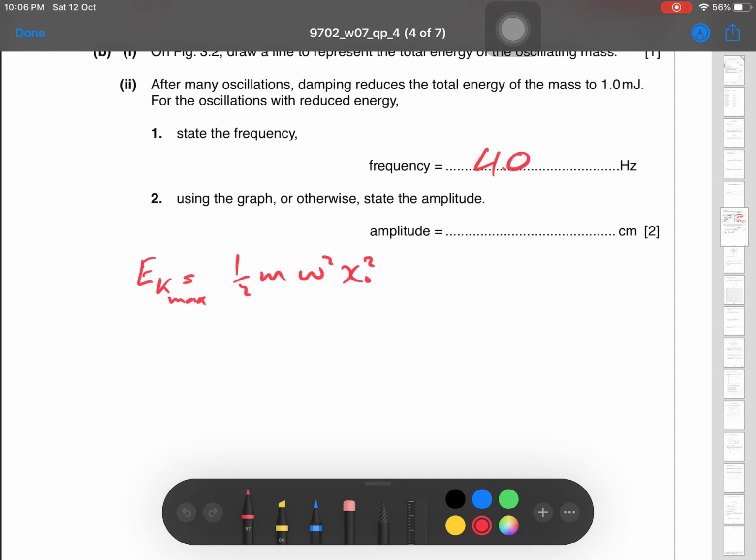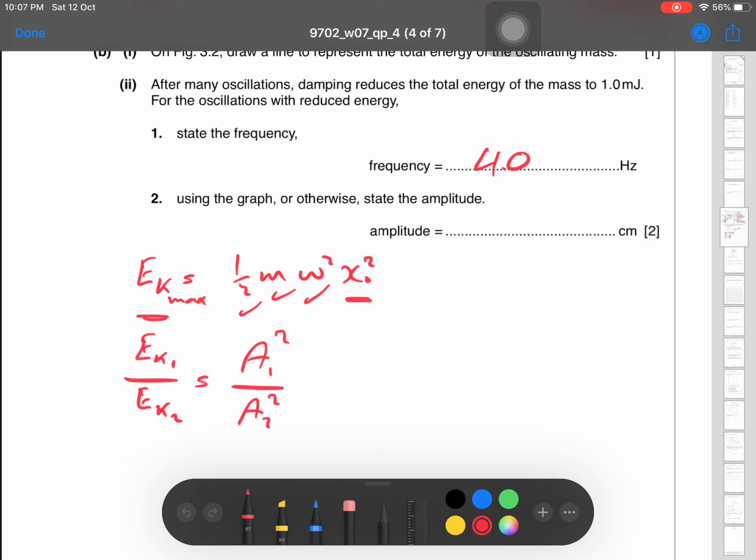So half is constant, m is constant, and omega squared, since the frequency is constant, so angular frequency is also constant. So kinetic energy is proportional to the square of the amplitude. So we can say kinetic energy 1 over kinetic energy 2 is equal to amplitude 1 squared over amplitude 2 squared. We are going to find the amplitude 2.